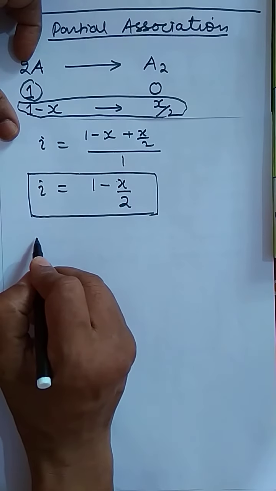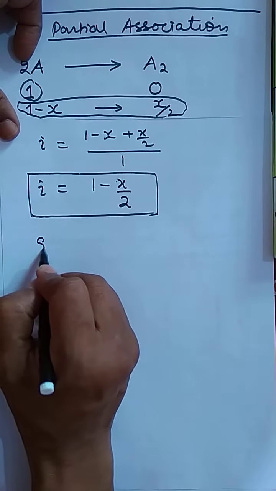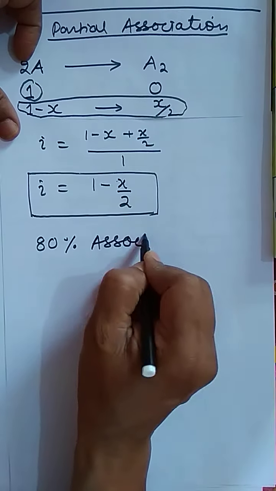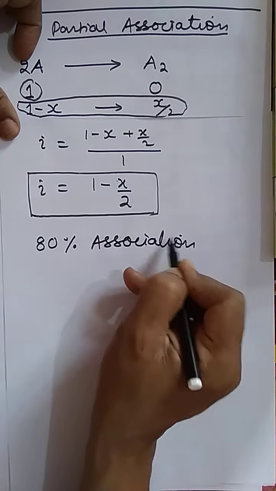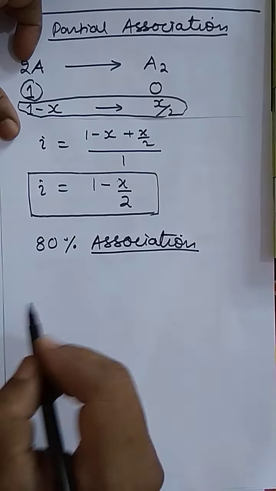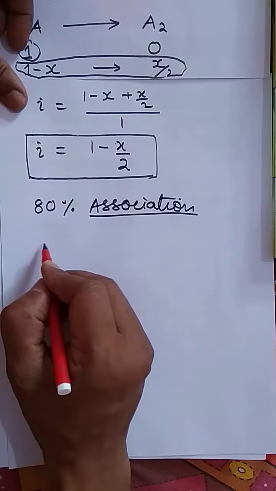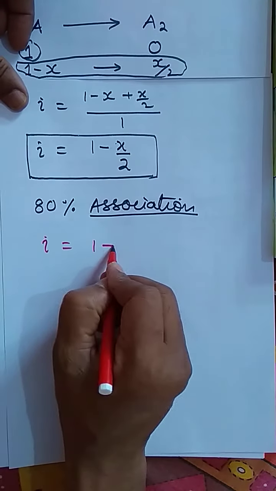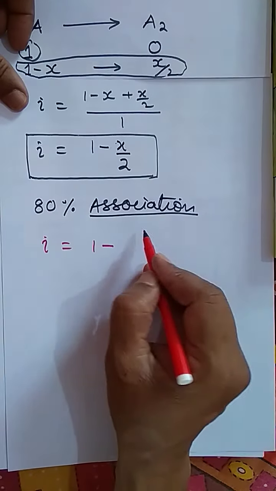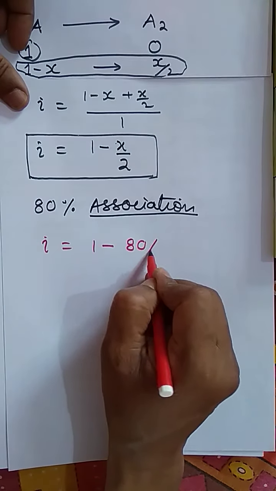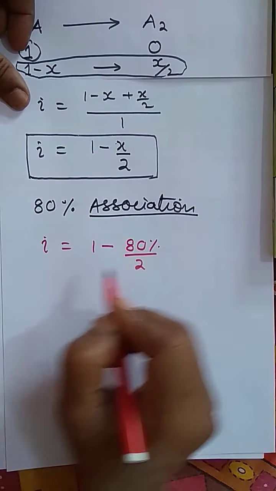If in the question it is written 80% association, right? 80% association. So what should be the value of I? So I is equal to 1 minus, you put the value of X, 80% by 2.